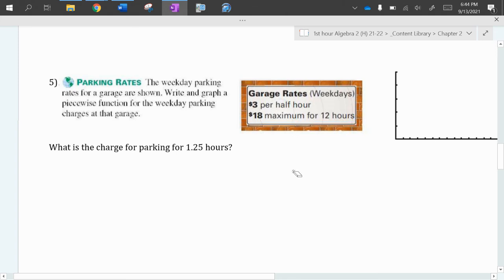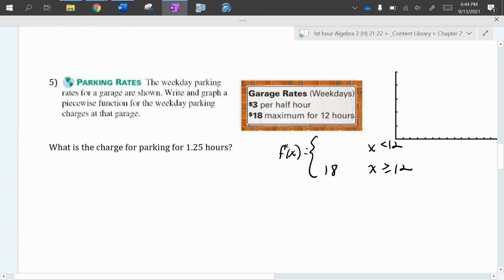We're just going to answer the question: what is the charge for parking for 1.25 hours? For 1.25 hours, it's $3 per half hour and $18 maximum for 12 hours. So if we were in the parking garage for more than 12 hours, it would just be a flat $18. So my first part is if x is less than 12 hours, and then $18 if x is greater than or equal to 12.